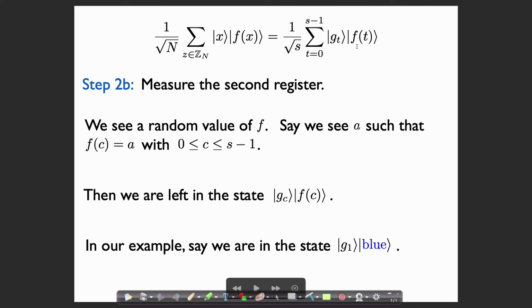Let's say the value we see is a, and that c is such that f of c is equal to a, and c is between 0 and s minus 1. Then we're in the state GC tensored with f of c. For our running example, let's just say we're in the state G1 tensored blue.